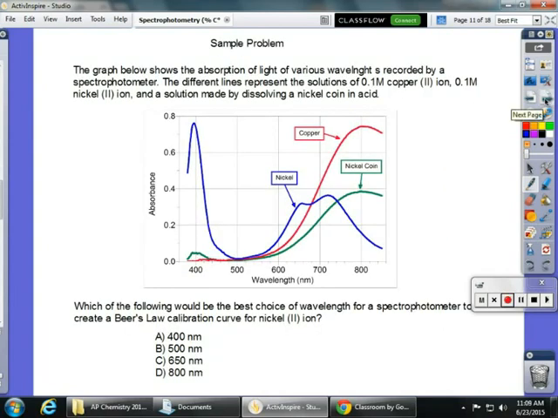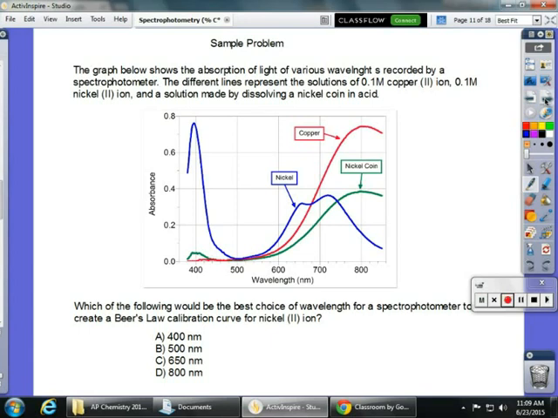What I'm giving you is a nice graph here of a couple different substances. I'll just read through the prompt. This graph is going to show the absorption of light of various wavelengths recorded by a spectrophotometer. The different lines represent solutions of 0.1 molar copper 2 ion, 0.1 molar nickel ion, and a solution that's made by dissolving a nickel coin in acid.